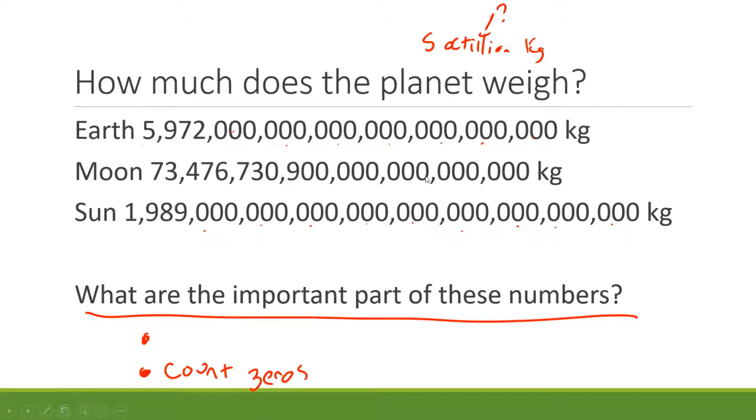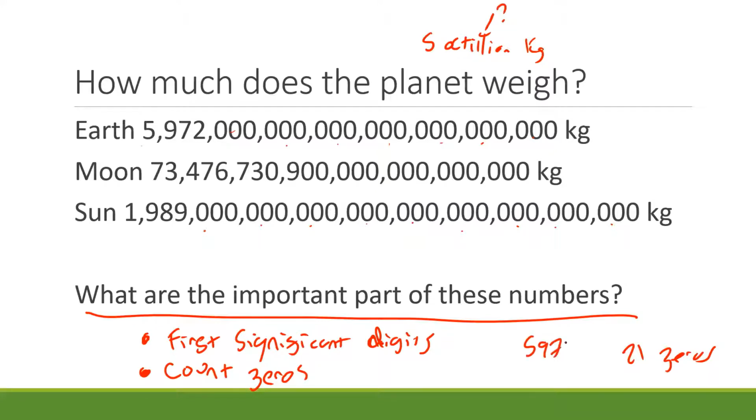Yeah, that's the part that I want you guys to figure out. The other part that's important about these numbers is the first significant digits. If I want to memorize this number, all I need to know is that there are 21 zeros and the first digits are 5972.